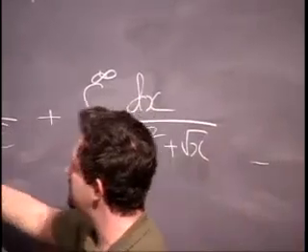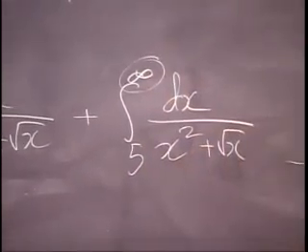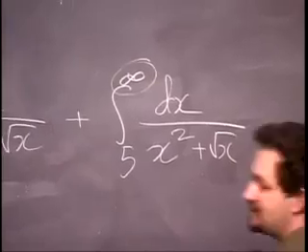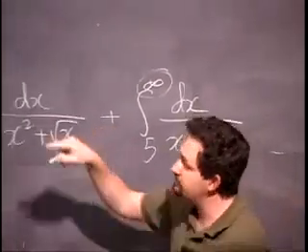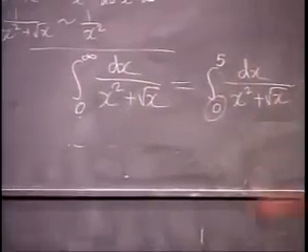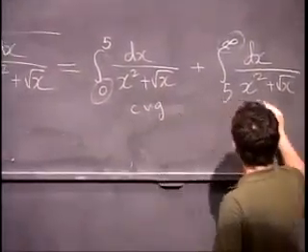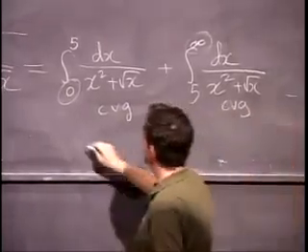Now both integrals have only one problem spot, and we have to analyze them separately. So you would have to redo or duplicate all the work that we've just done in the two previous examples and conclude that they both converge. And if they both converge, so does the sum.